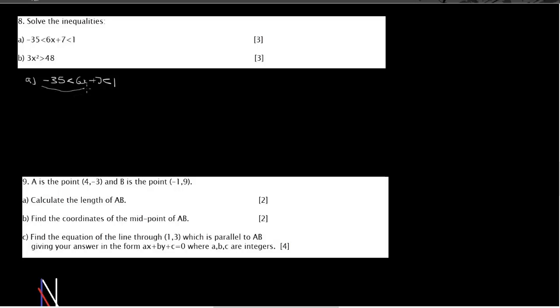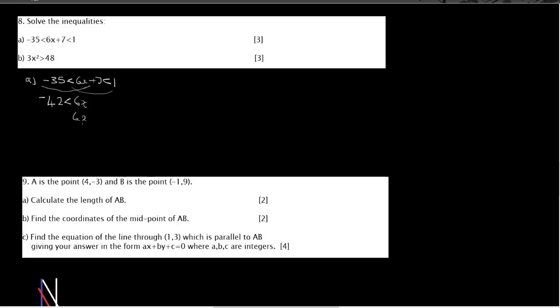Let's deal with the first inequality there. So we've got minus 42 is less than 6x. Take the 7 across the other side. Then deal with the other side of the inequality, that one.